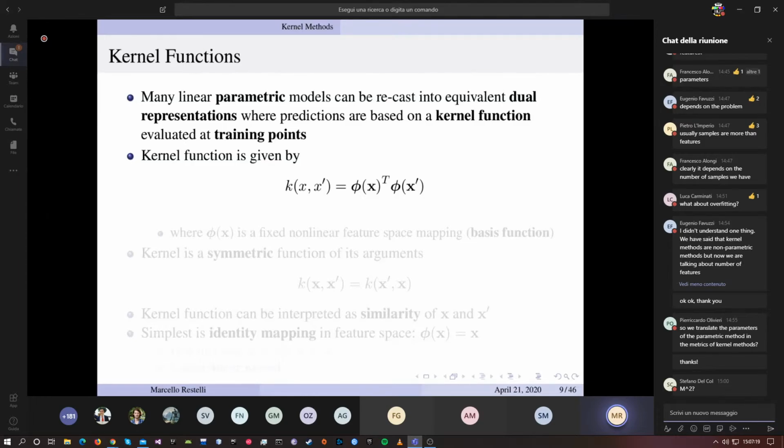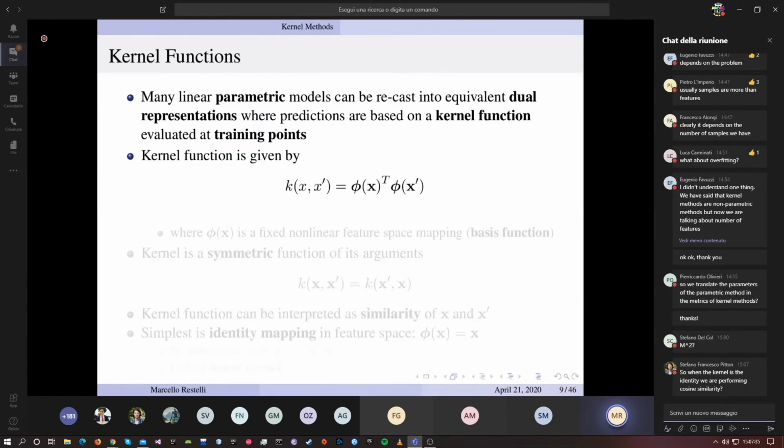This is the result of the scalar product between two vectors. So, since the kernel function tries to measure the similarity, when the two vectors point in the same direction, the angle is 0 and the cosine is 1, that is maximum, while when the two vectors are orthogonal, the angle is 90 degrees and the cosine is 0. So if x and x prime are orthogonal, they have a kernel that is equal to 0. If they point in the opposite direction, the cosine is equal to -1.